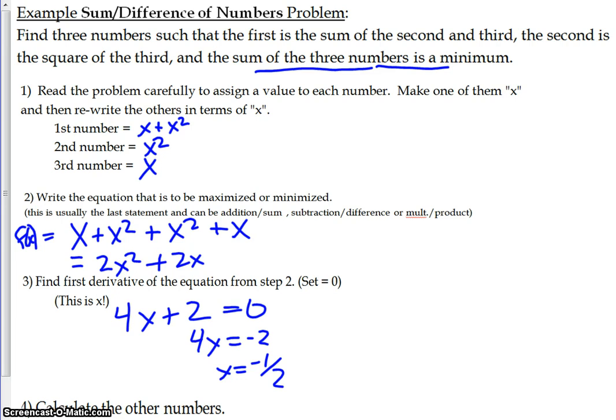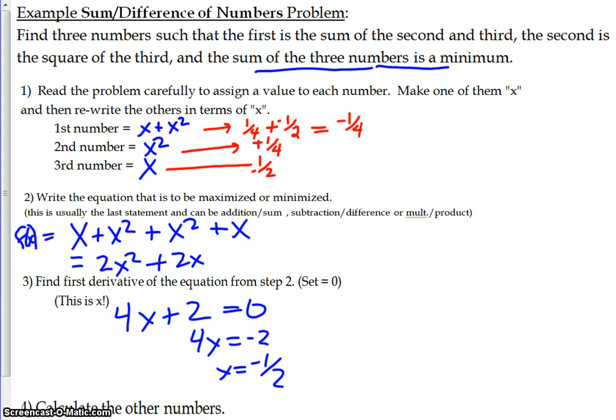Now that we know that, we go back and say my third number x is negative 1/2. That means my second number would be positive 1/4, 1/2 squared. And my first number would be the second plus the third added together, 1/4 plus negative 1/2, so I end up getting negative 1/4.